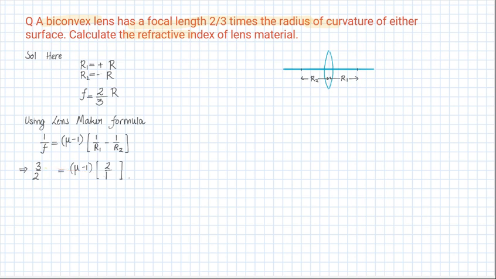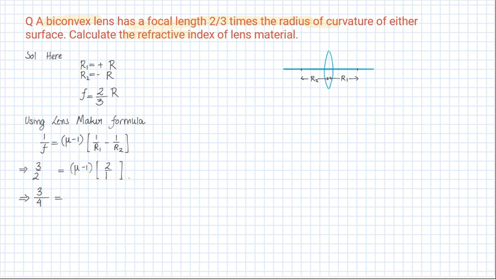So if this 2 goes to the denominator, then 2 times 2 is 4. And if this 1 goes to the numerator, 1 times 3 is 3. So this is 3 by 4 equals, on the right hand side I have only mu minus 1.